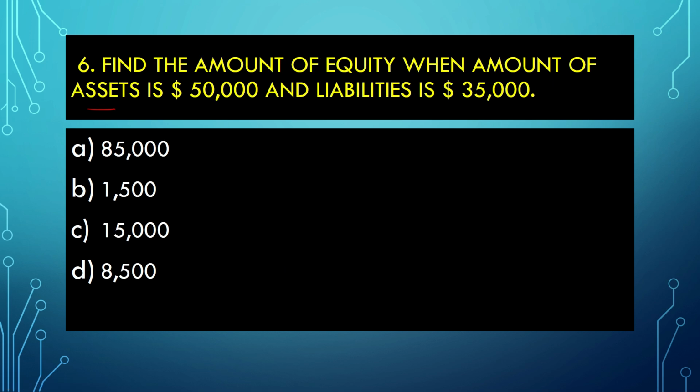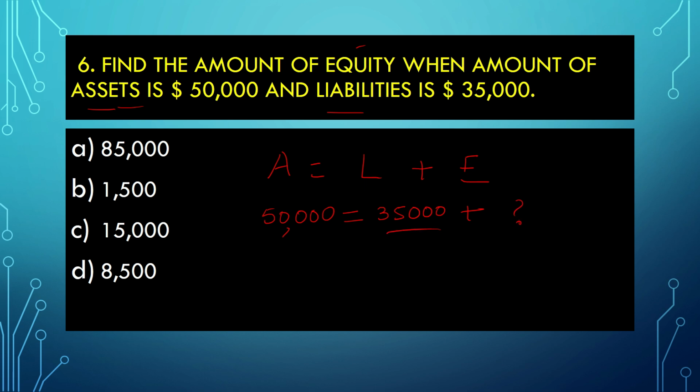We are given here the amount of assets and liabilities, so we have to find equity. The equation is: assets is equal to liabilities plus equity. If you are given assets as 50,000 and the liability as 35,000, what must be added to make it equal to 50,000?